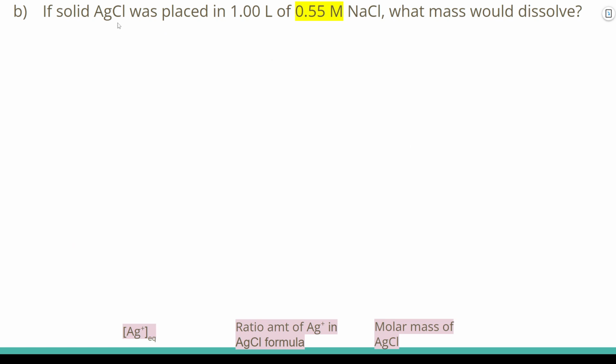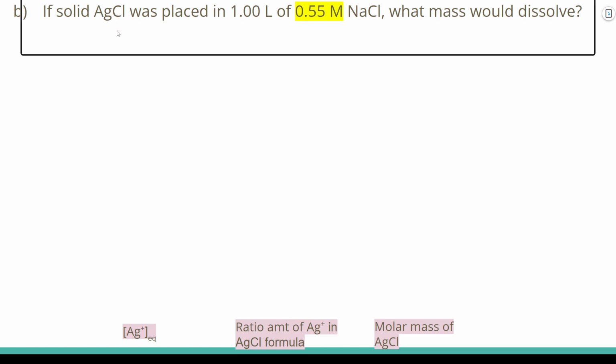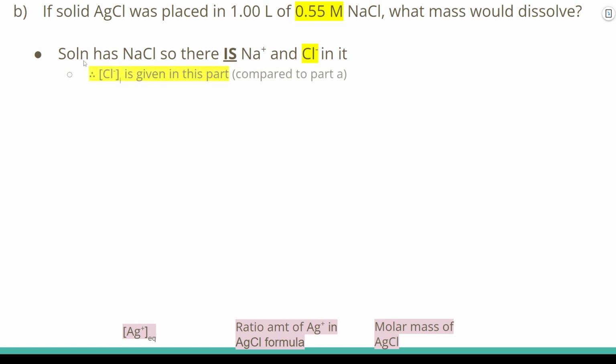Okay, so let's say I have some solid AgCl in a liter, and it was in a solution of sodium chloride. How much mass of this AgCl could dissolve? Remember, the solution has NaCl in it, so there are Na plus ions and Cl minus ions. Notice I highlighted Cl minus. In this particular problem, I am given the initial concentration of Cl minus, because these are dissolved in solution.